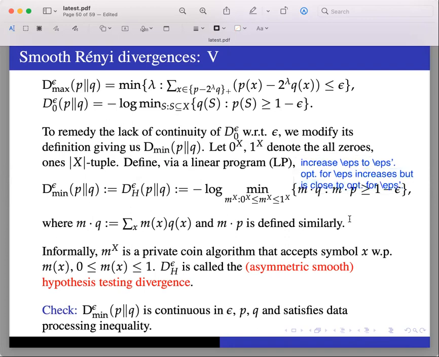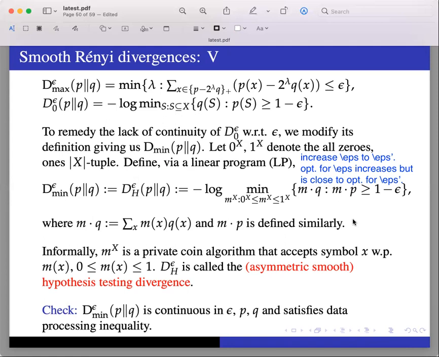Okay, so this is what I was trying to say. If you increase epsilon to epsilon prime, the optimum of course changes because the feasible region gets bigger, but the point is that the new optimum is close to the earlier optimum.